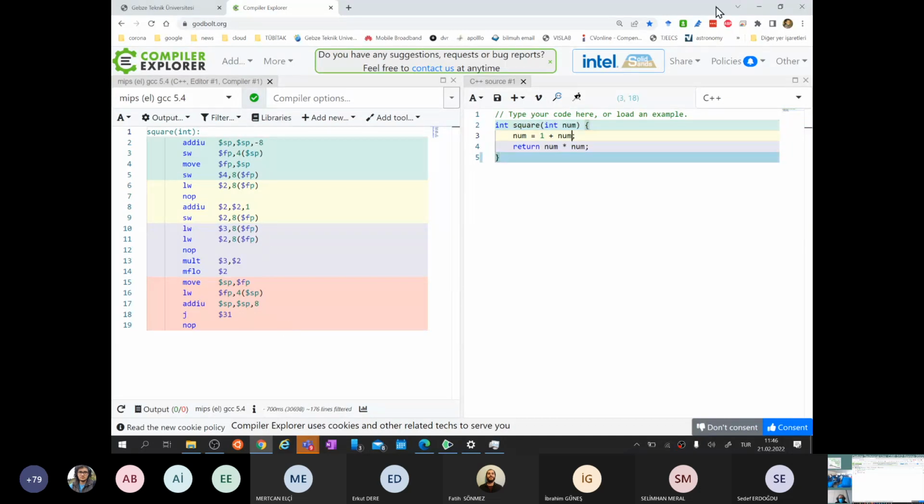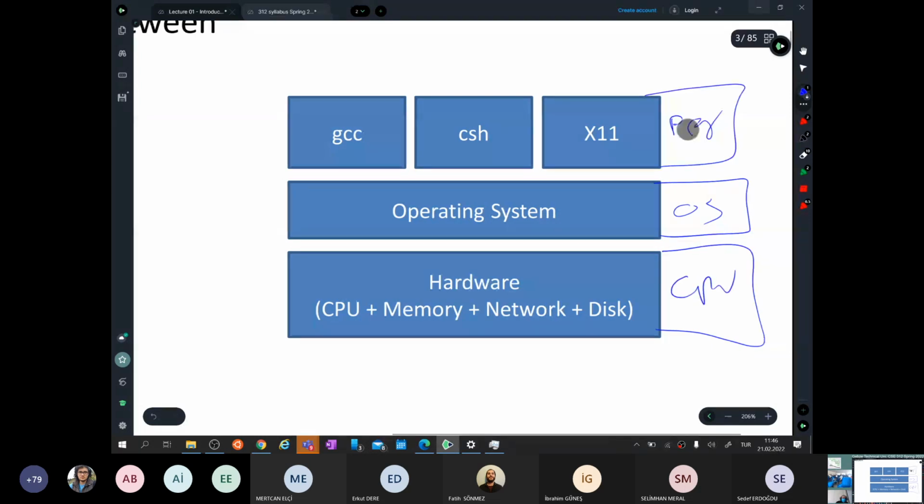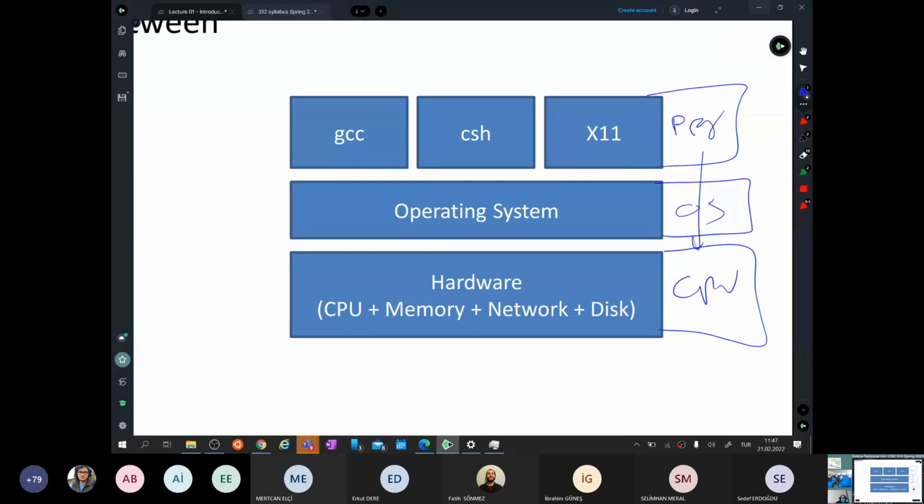Let's say this is my program, this is my operating system again, this is hardware, the CPU. While my program is running, not all of my instructions go through the operating system. The operating system lets my program use the CPU directly for these instructions, because these are harmless instructions.